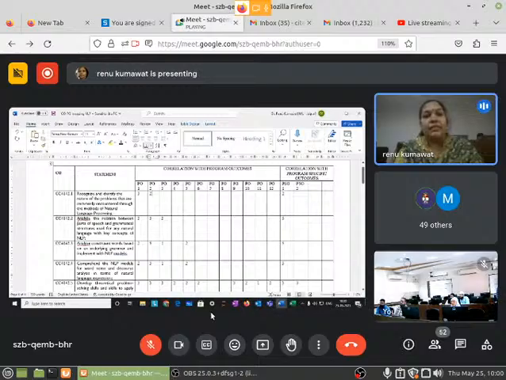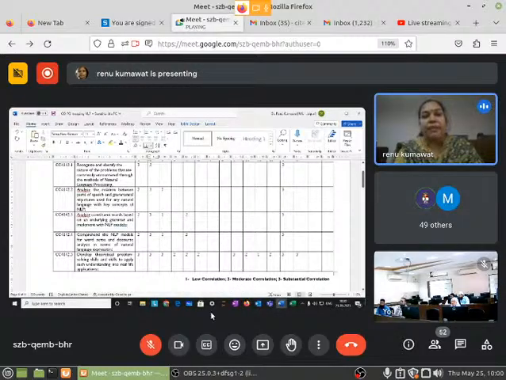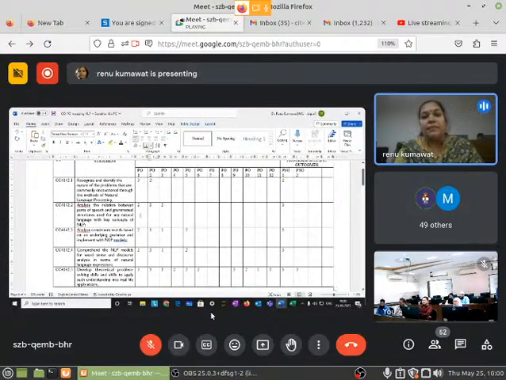The next CO is analyze the relation between parts of speech, grammatical structures used for any natural language with key concepts of natural language processing. This particular course objective matches with PO1 moderately, PO2 substantially, and PO3 partially.